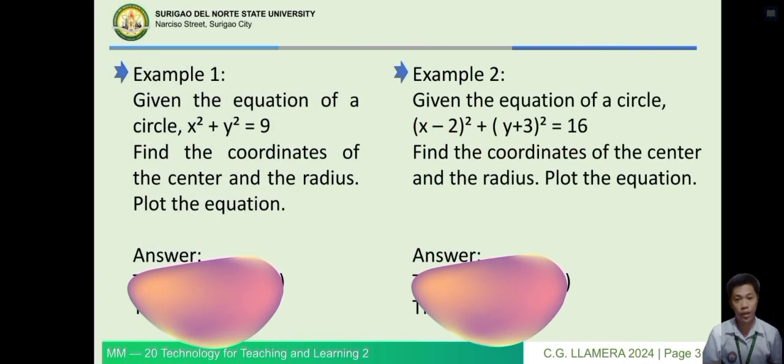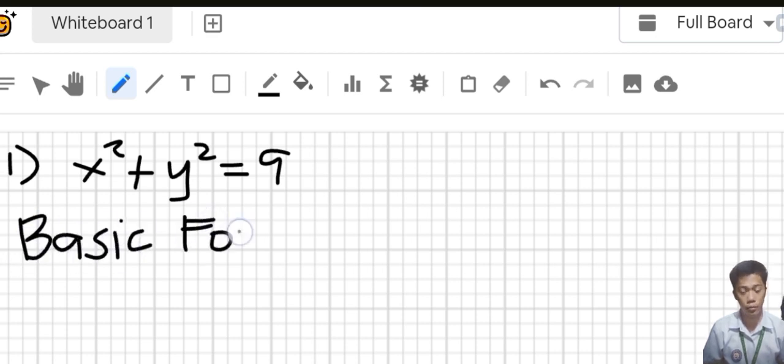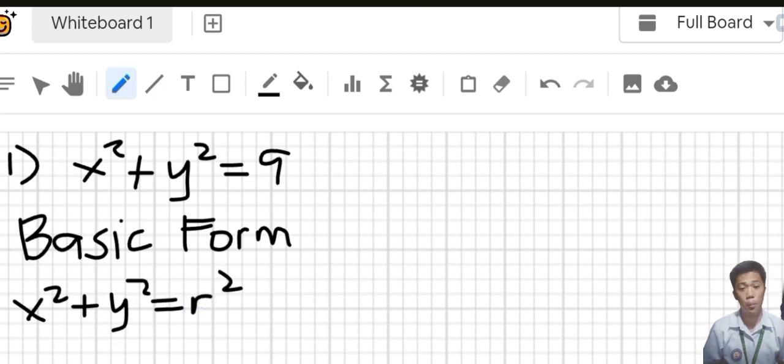So we have here example number 1. Given the equation of a circle, x squared plus y squared is equal to 9, find the coordinates of the center and the radius, and plot the equation. So let's solve this one. We know that this equation is in the basic form, x squared plus y squared is equal to r squared.